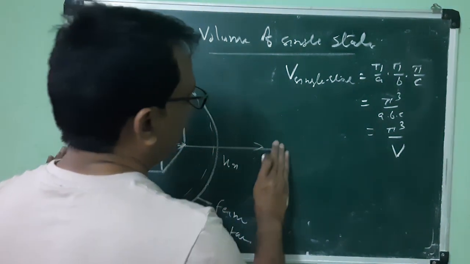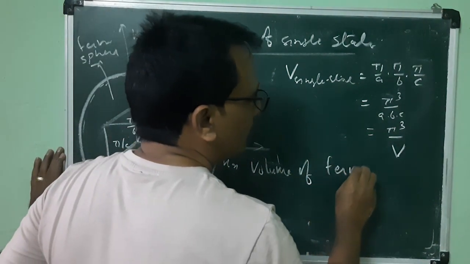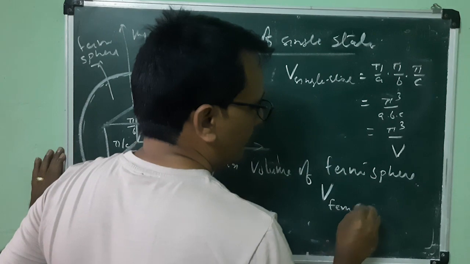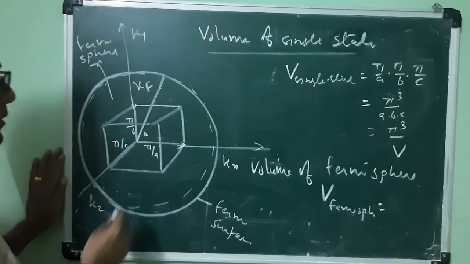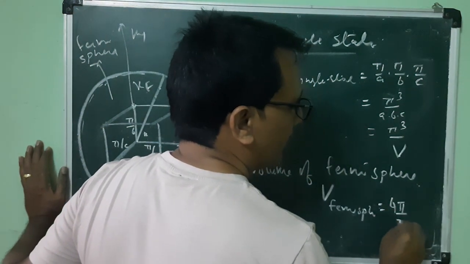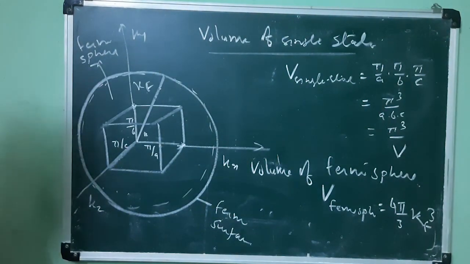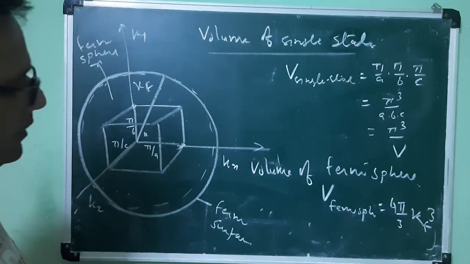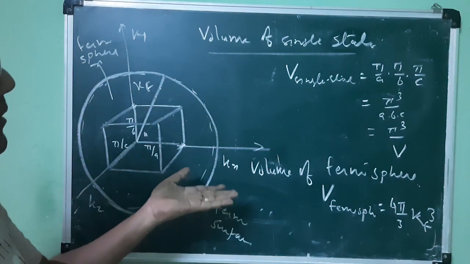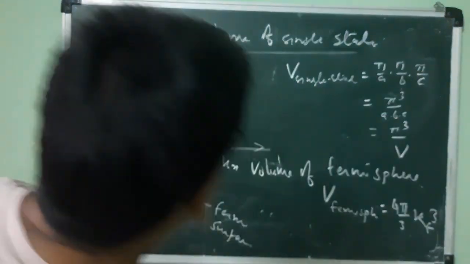Now we can also calculate the volume of the Fermi sphere. So this is V Fermi sphere. This is equal to just one spherical system. So this is 4 pi by 3 kf cube, where kf is the radius of this Fermi sphere. And now we can try to calculate the number of states by using these two volumes.